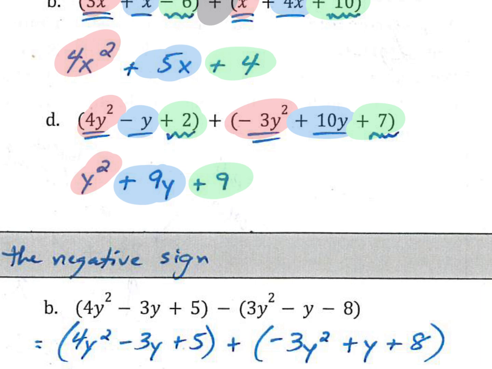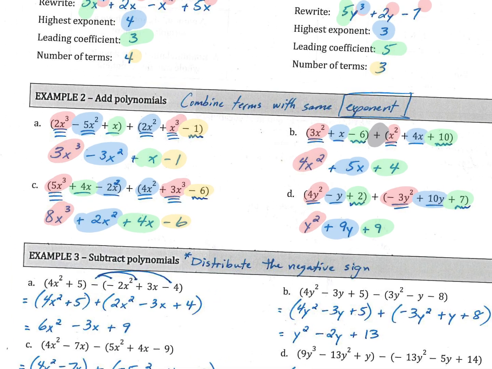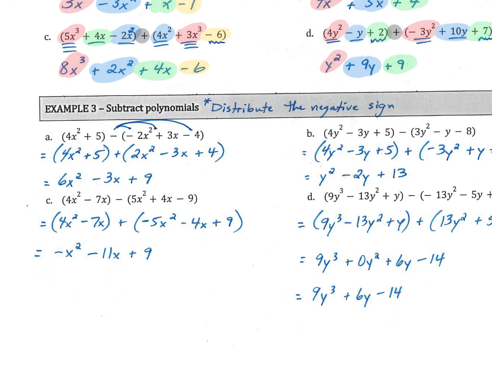So those are all examples of adding. I want to just emphasize again that this was all adding. There were plus signs in the middle of each set of parentheses. Let's slide down and look at example 3. This time we are subtracting.